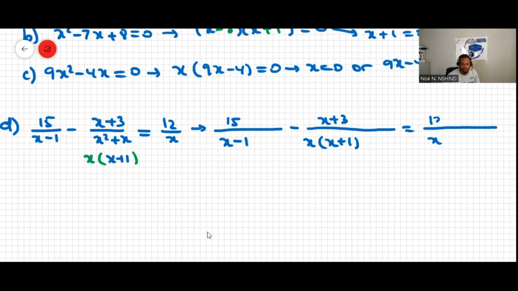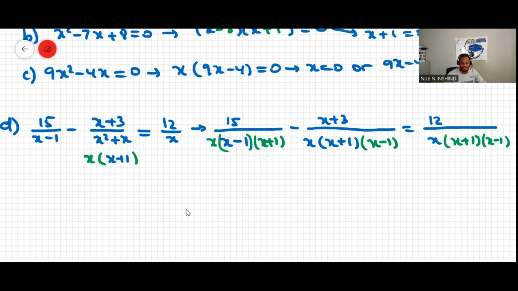Okay, so to solve this, I need to make the denominators common. To do that, I'll multiply the first fraction by x plus 1 and x minus 1 where needed. Over here also I multiply by x to make the denominator common.